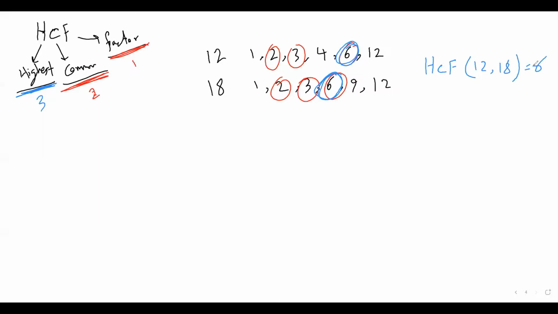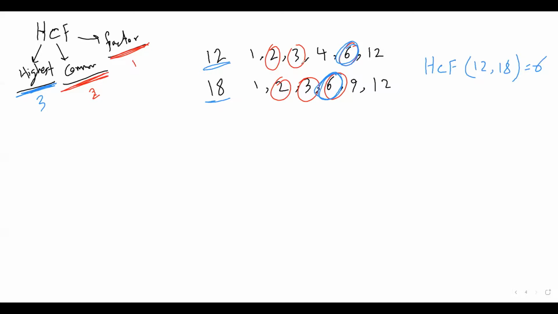Well, this method is correct. However, it's not really professional. And again, it is time consuming, especially if these two numbers are large. So there is another way. As a matter of fact, there are two other ways, but I'm going to teach you the one that requires the product of prime numbers, the one that we did on the previous slide.